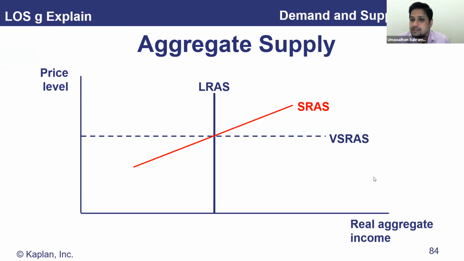Because suppliers get motivated to supply more when the prices are higher. Their objective is making more and more money. So when do you sell more units, when the prices increase or when the prices decrease? When the prices increase, you sell more. When the prices decrease, you sell less. So that's why your supply curve is upward sloping, and that's how you create an equilibrium.